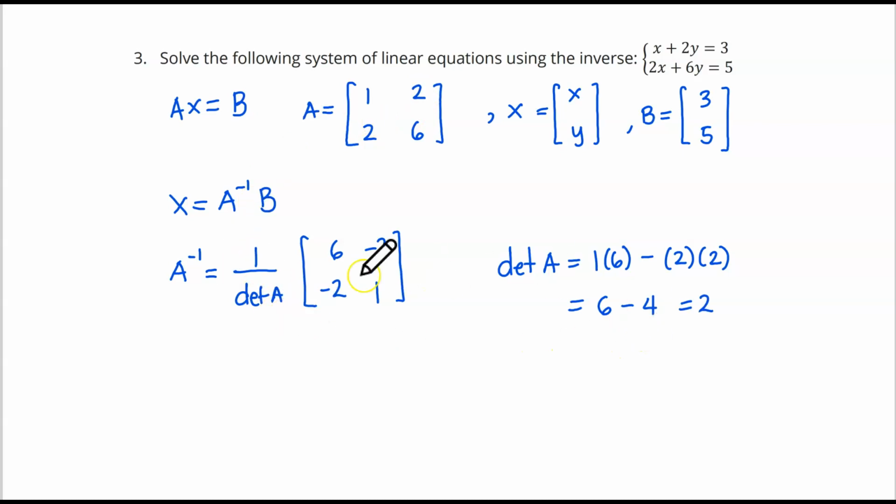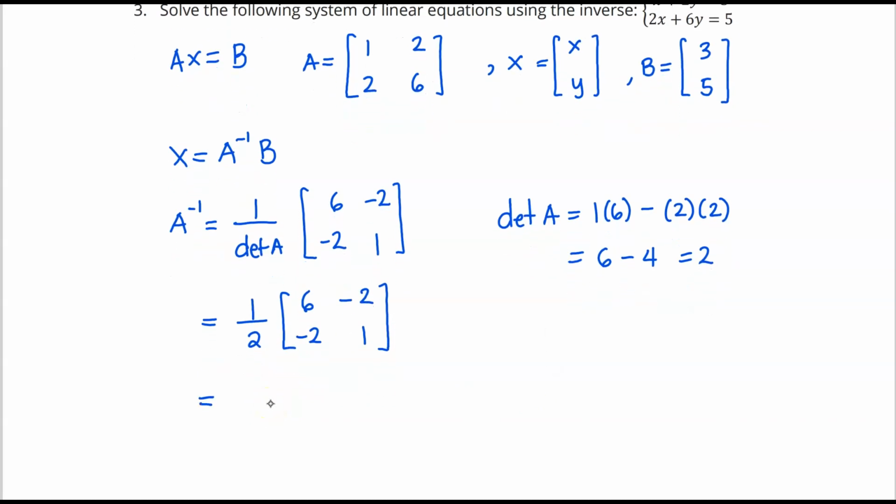And then let's plug it in to the formula here. Therefore, we have 1 over 2 times 6, -2, -2, 1. Multiplying a scalar to the matrix means you multiply each of the entries here by 1/2, or divide each by 2.